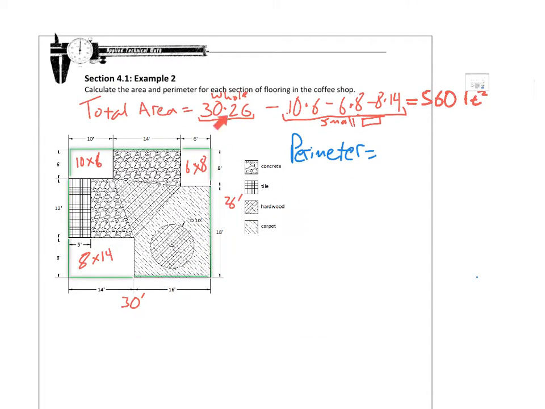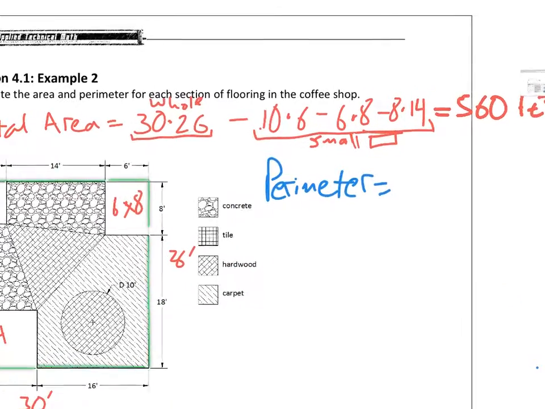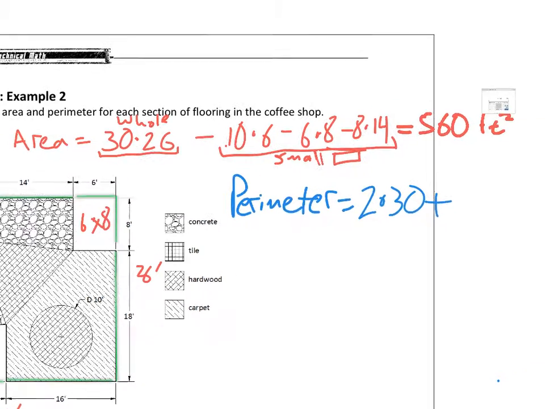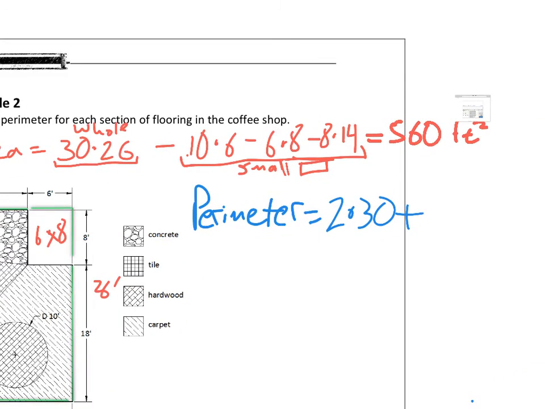We found out the rectangle is 30 by 26. So the perimeter is going to be two 30s, two sides that are 30. So 2 times 30, and then 2 times... I kind of jumped the gun here. In the back of your book, you've got some formulas: 2 times the length plus 2 times the width.